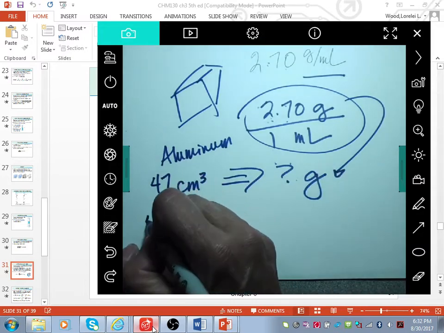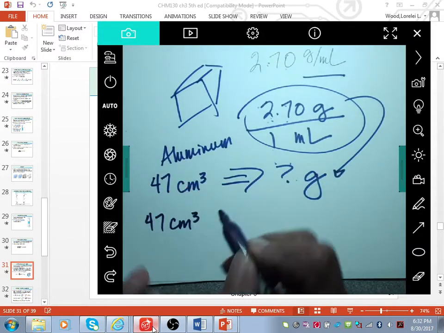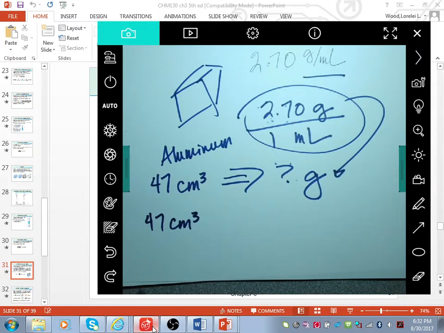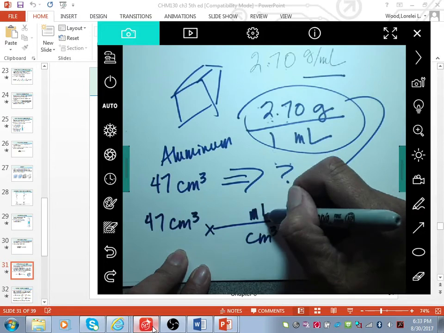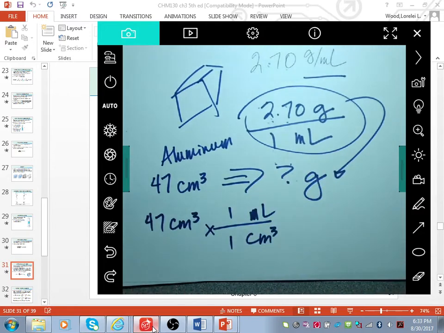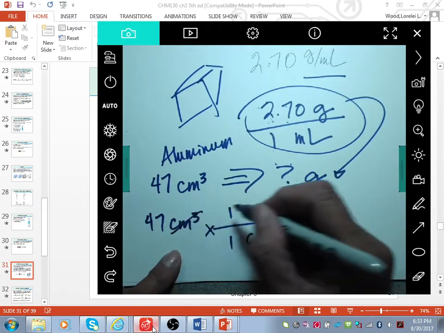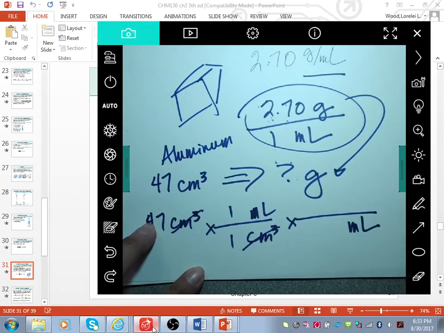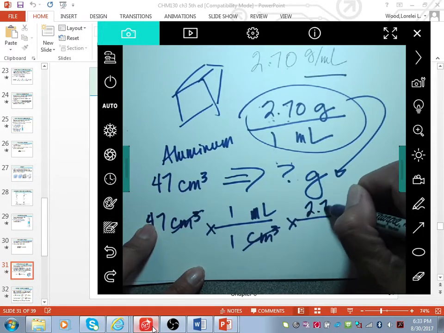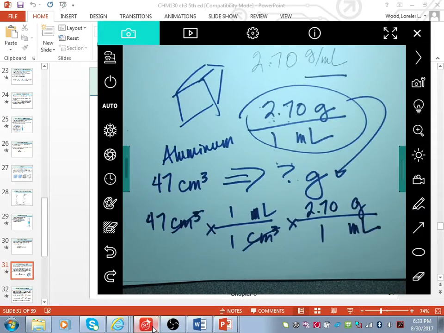What would I have to do with the 47 centimeters cubed first? I have to cancel it out. What could I cancel it out with? Milliliters. And it's a one-to-one relationship, right? Didn't I tell you you're going to have to use that relationship? All right, so now centimeters cancels. Now I'm going to use milliliters, and I want to go to where? Grams. You can use it just like a conversion factor. See what I mean? And then milliliters cancels, and you get grams.